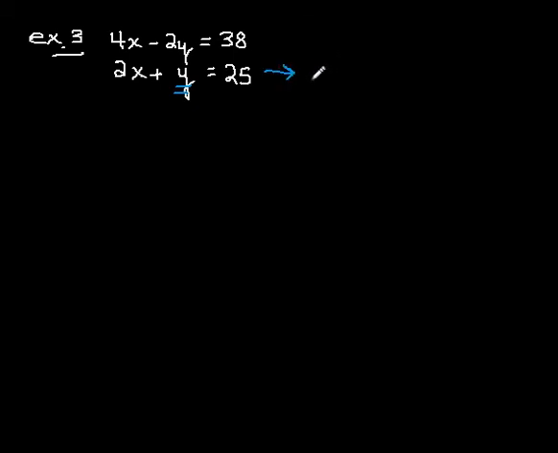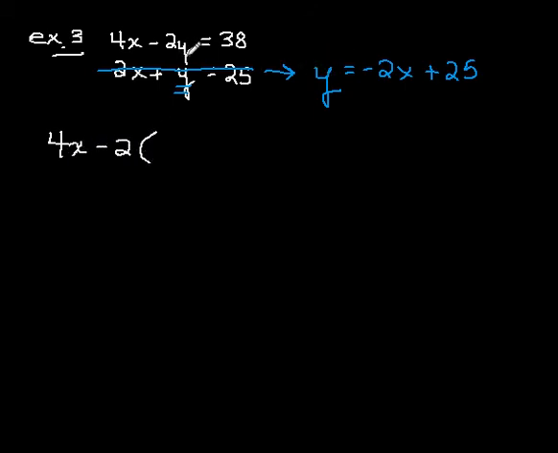Let's use blue this time for variety. So we're going to subtract 2x from both sides. And then we'll do our substitution. Once we rearrange it, you can cross it out. We don't need to use that again. So we go up to the top equation this time, 4x minus 2. Remember those parentheses.